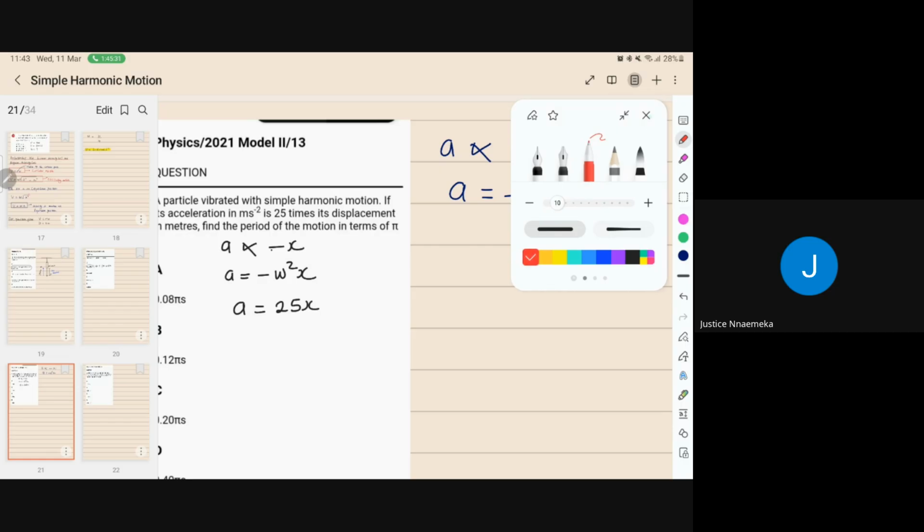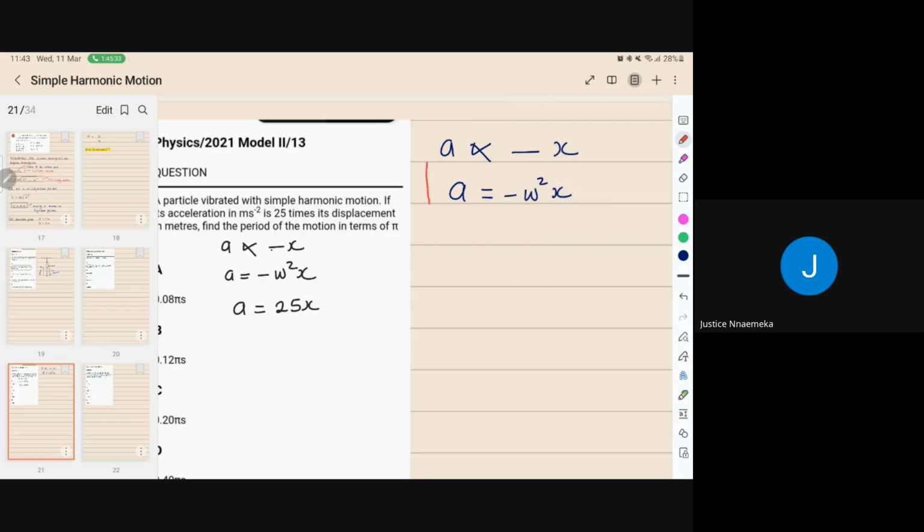Now, the question said that acceleration is 25 times the displacement, so a is equal to 25 times displacement x. So it means that a is 25.